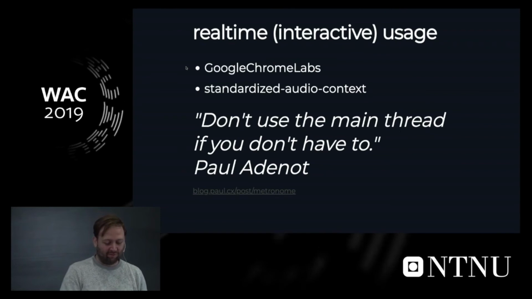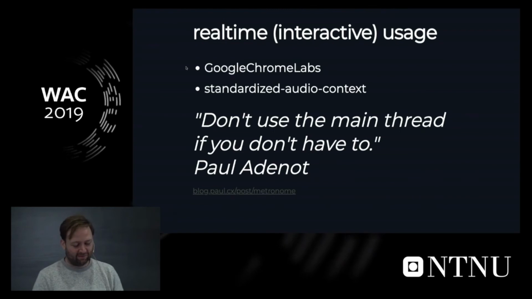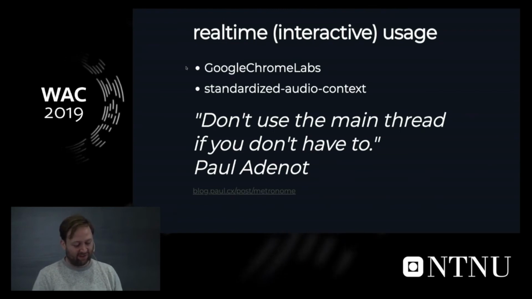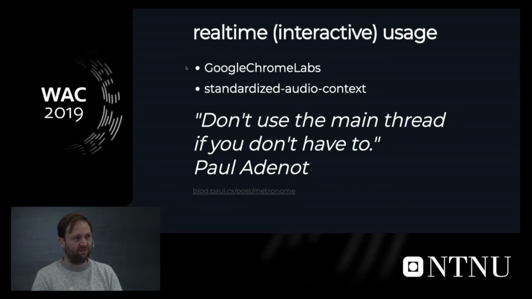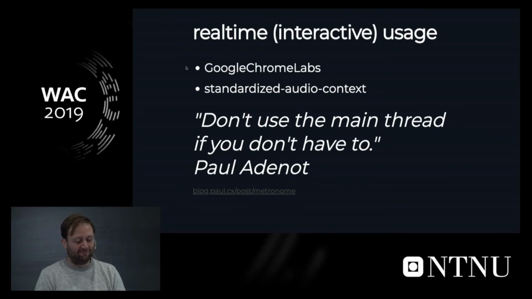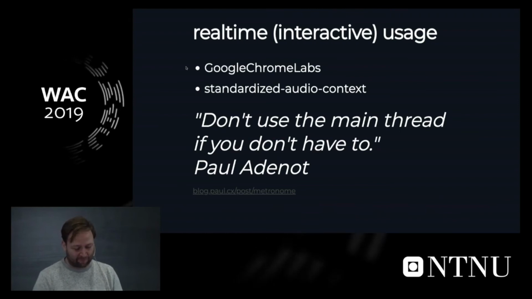And those two polyfills only slightly wrap it, so that might be the best solution in that case. But as Paul wrote in one of his latest blog articles, don't use the main thread if you don't have to. But in that case, I think that's one of the cases where you have to.